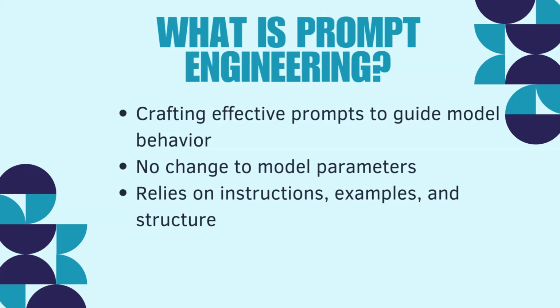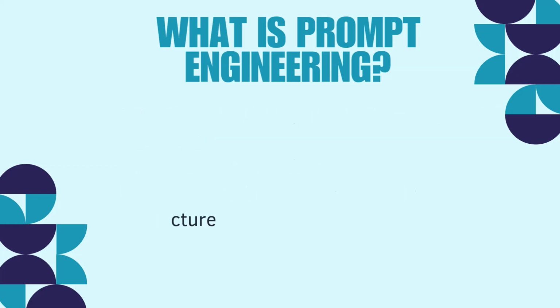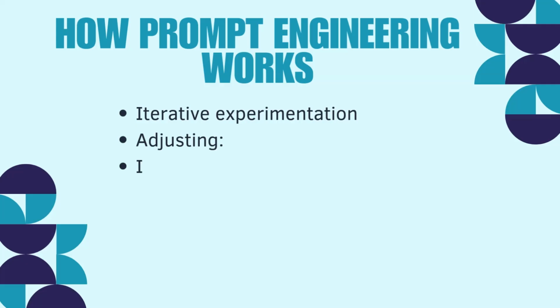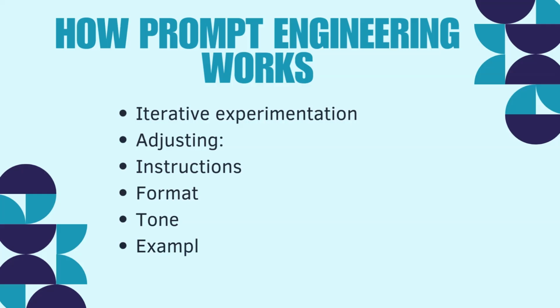No amount of training or extra data can compensate for poor prompting. Prompt engineering works through iteration. You write a prompt, observe the output, refine the instructions, adjust the format or tone, and try again. With each iteration, you learn how the model responds and how to guide it more effectively.